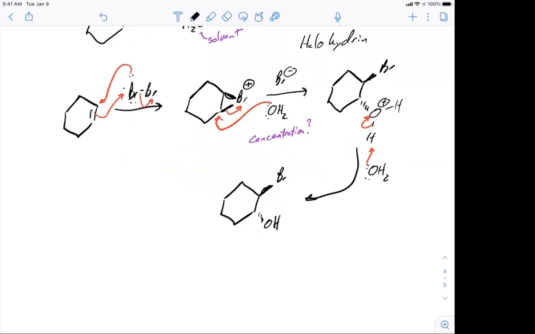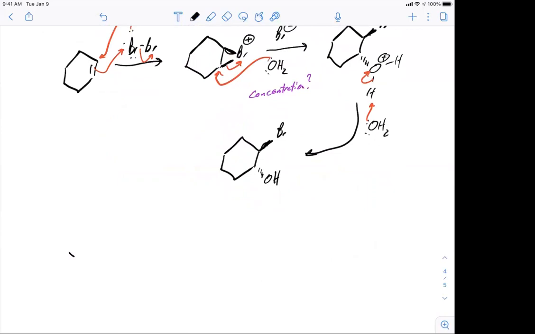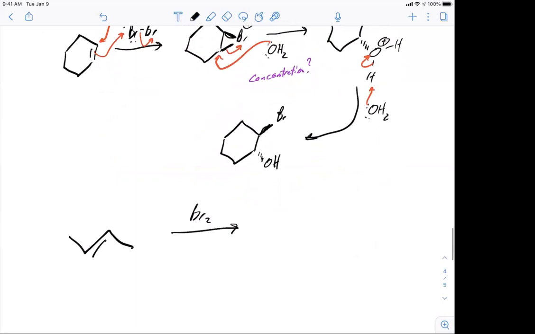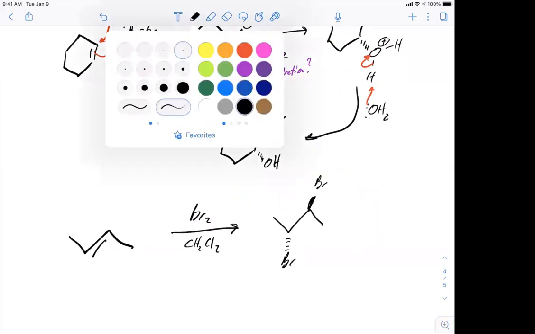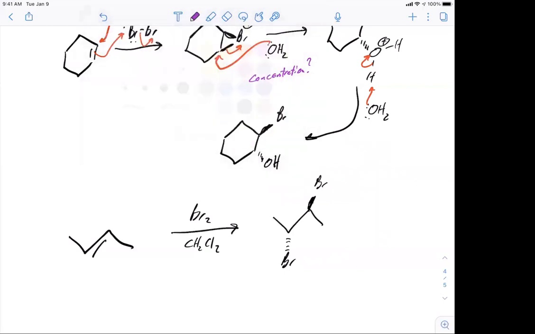So therefore, if we wanted to have this addition without the halohydrin, I'm going to add something like methylene chloride.